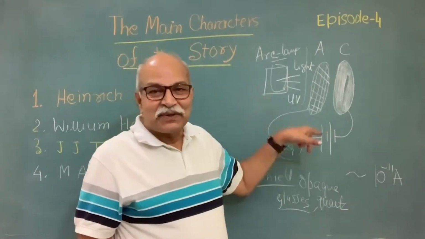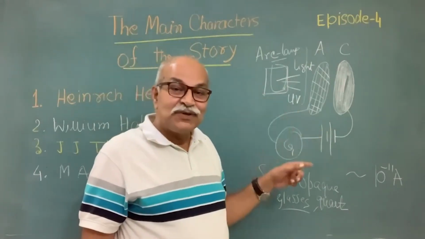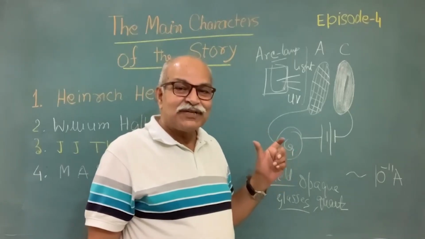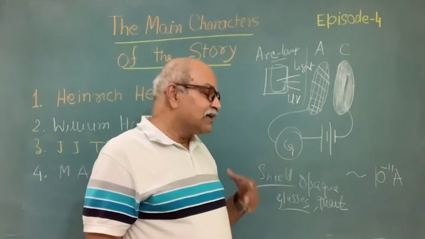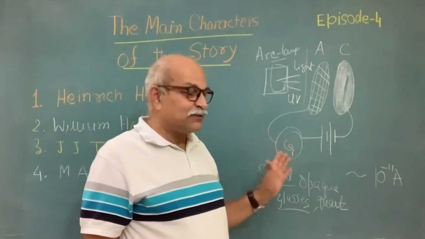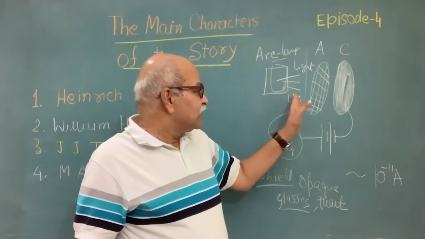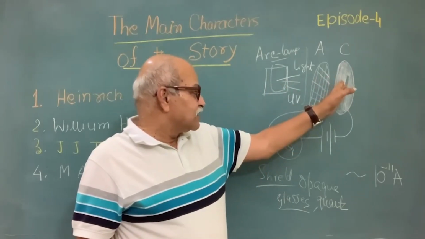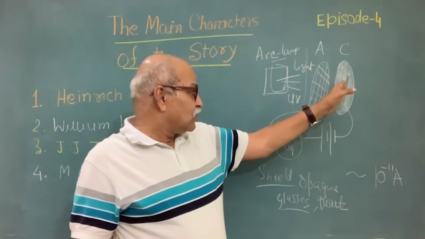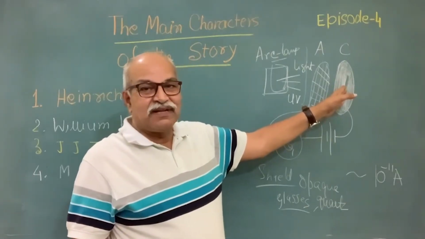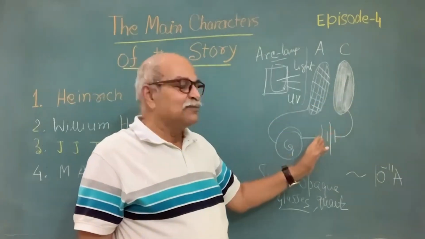So we have already talked about it. Quartz does not absorb UV. Normal glass will absorb it, and therefore normal glass, although it is transparent, will stop UV. And since the metal here is not appropriate for ejecting electrons with visible light, there is almost no current.